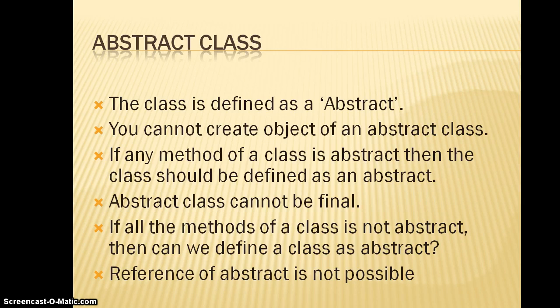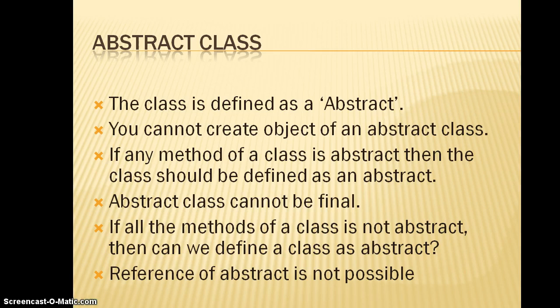There will be some methods which have no implementation and some methods which are implemented. The abstract class is defined as abstract. You cannot create an object of an abstract class, as with interfaces. If any method of a class is abstract, then the class should be defined as abstract.